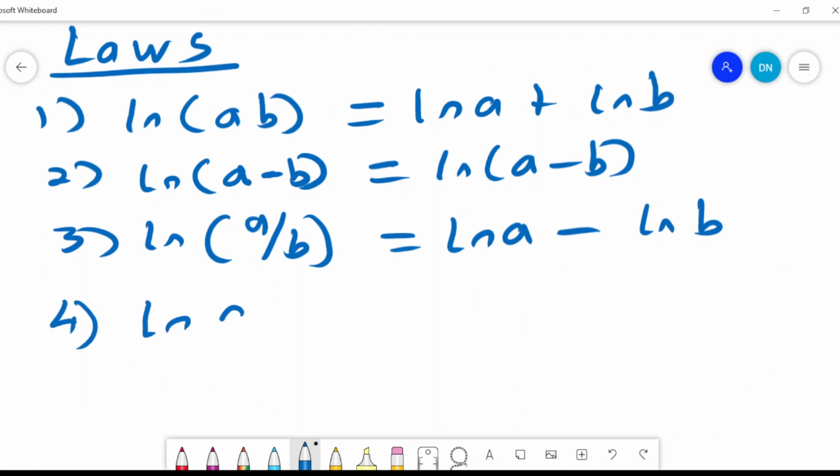So if I have ln of A raised to power 2, it is 2 ln of A, and so on.